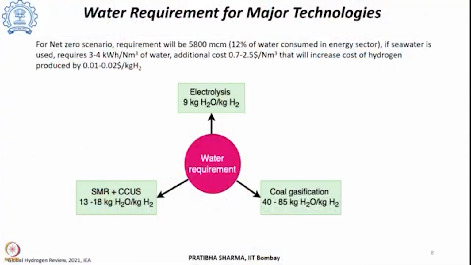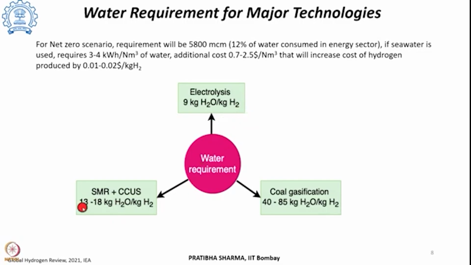When these renewable methods, water electrolysis, or plants integrated with CCUS are all used for hydrogen production in the net zero scenario, the water required for these technologies will also grow. Currently, if hydrogen is being produced from electrolysis, we roughly require 9 kg of water per kg of hydrogen produced.